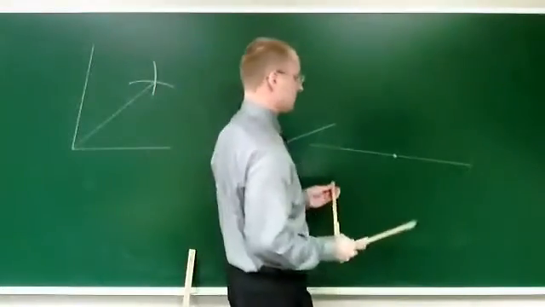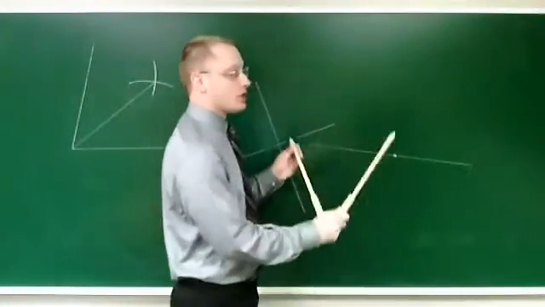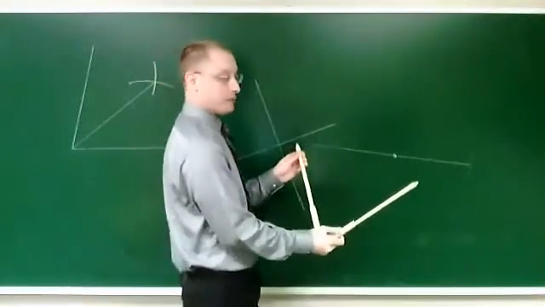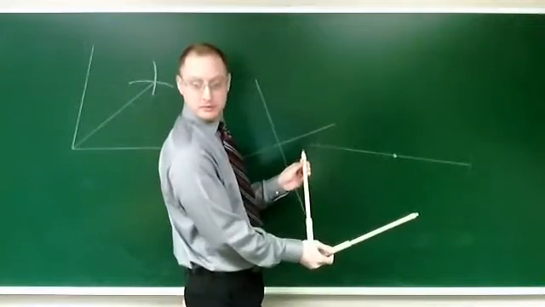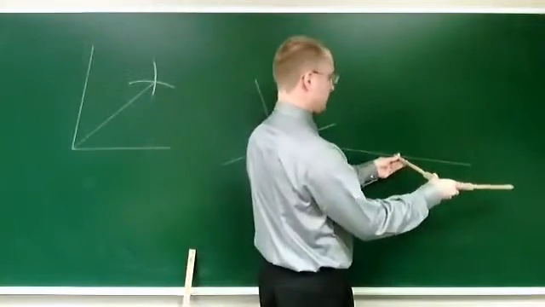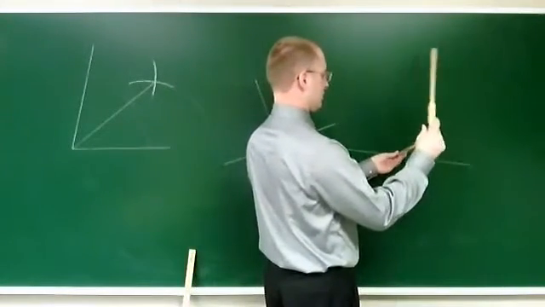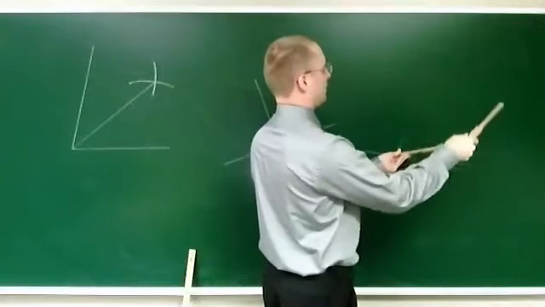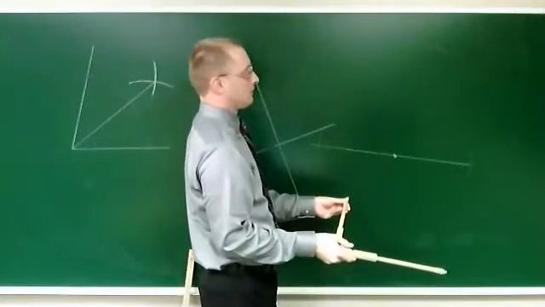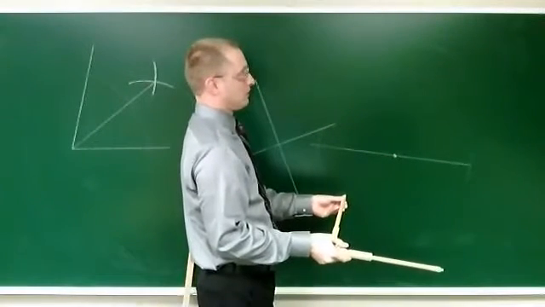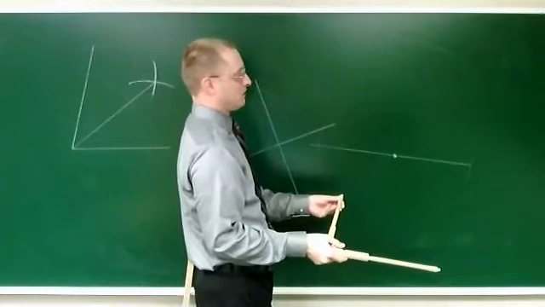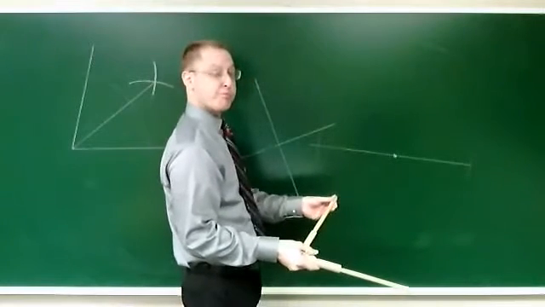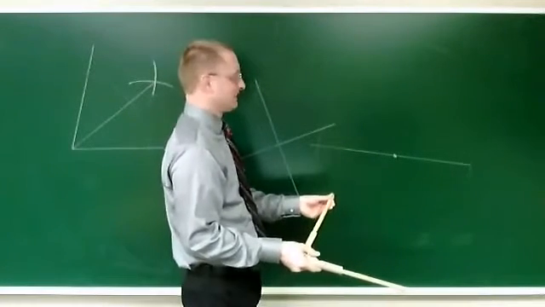You would open your compass wider. Good. Make sure on this construction you open the compass a little bit extra. Put it on the dot. And then make an arc above the line. And then I'm not sure what to do.